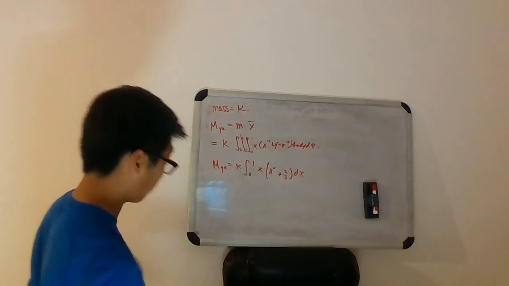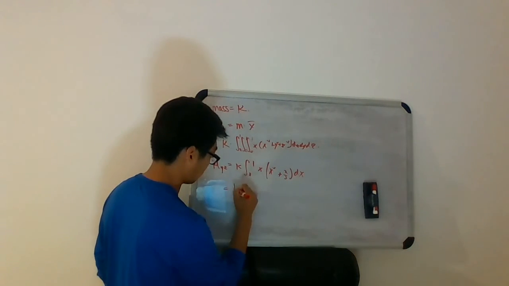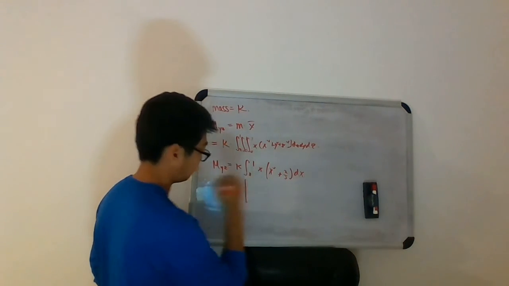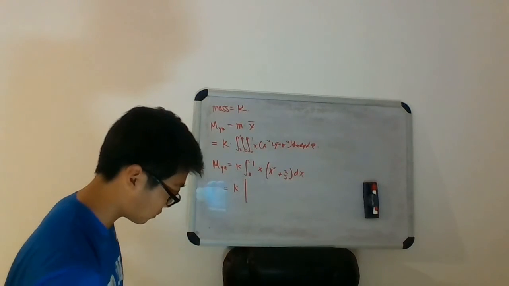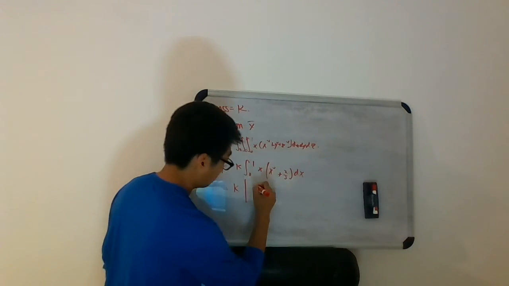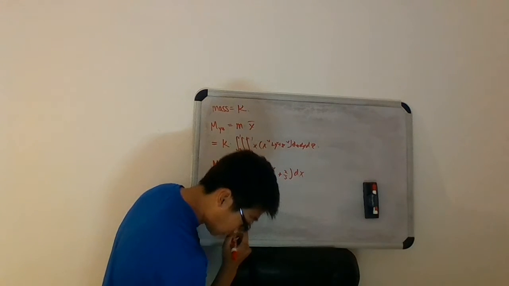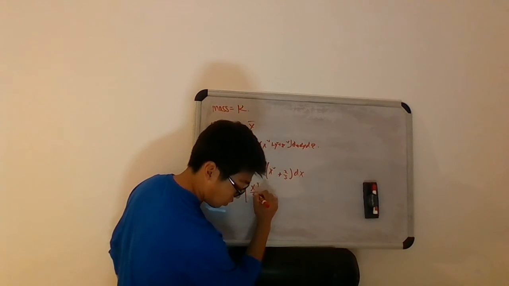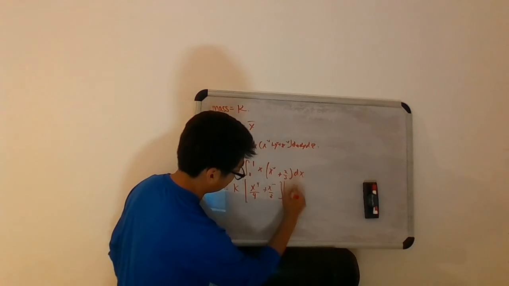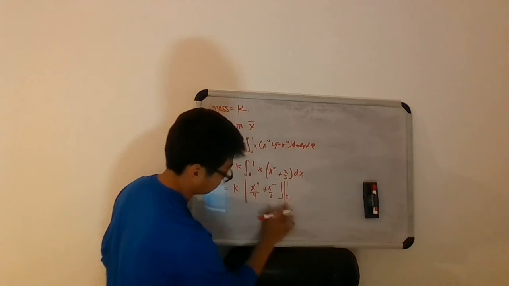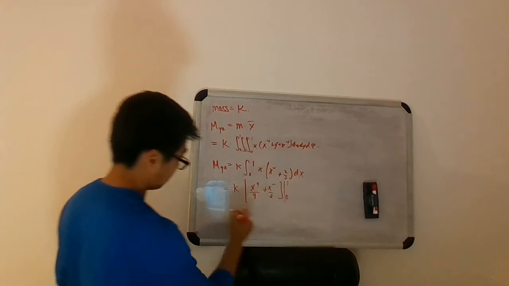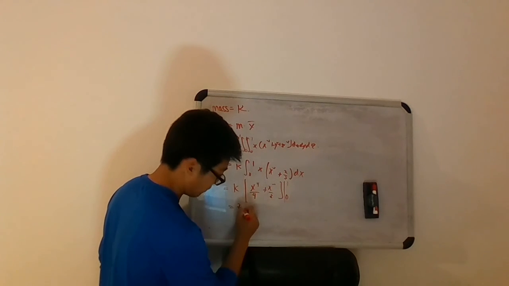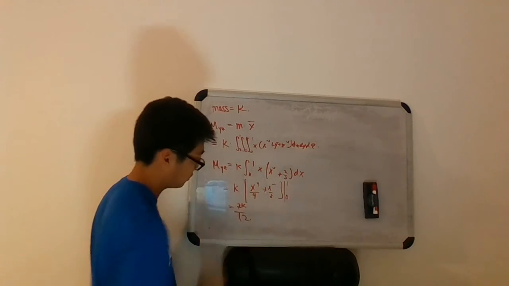And now we can integrate this. That's equal to k times, integrating with respect to x, x to the 4th over 4 plus x squared over 3 from 0 to 1. And you'll find that that is equal to 7k over 12.